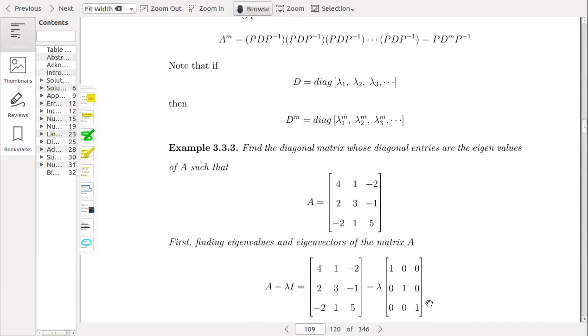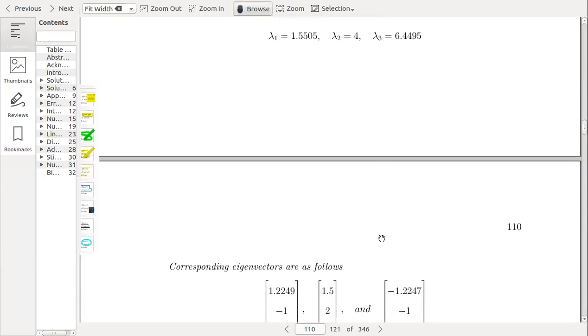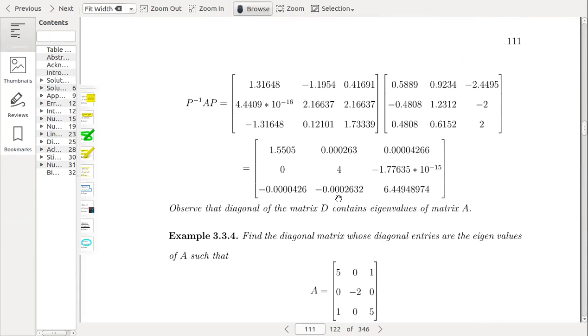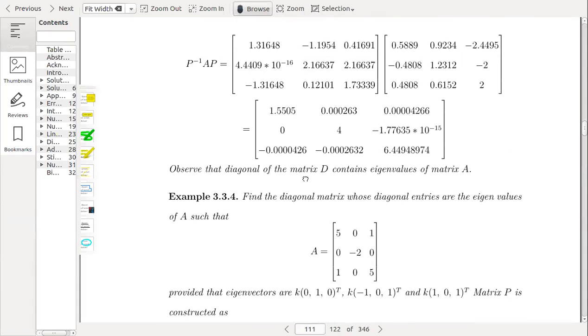Before this, we found all eigenvalues of this matrix, and here you have seen that all eigenvalues of this matrix are on the diagonal of the matrix P inverse AP. This one, 1.5505, 4, and 6.44944. Observe the diagonal of the matrix D contains eigenvalues of matrix A.